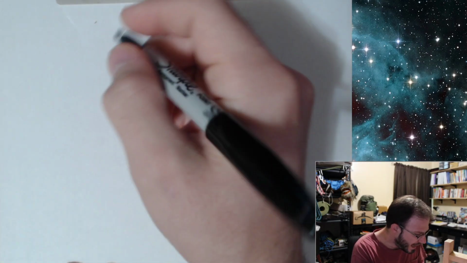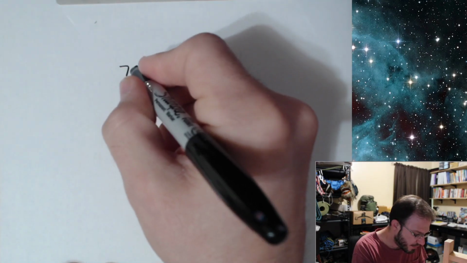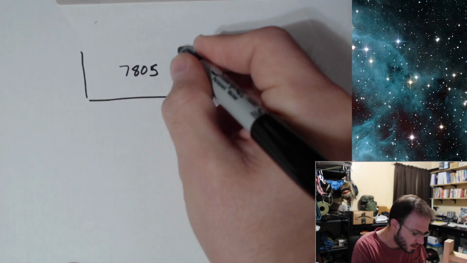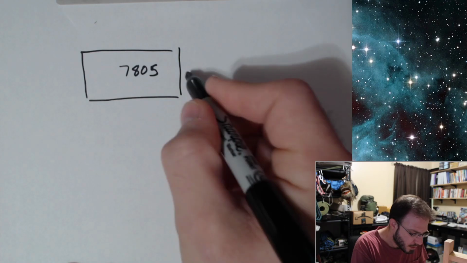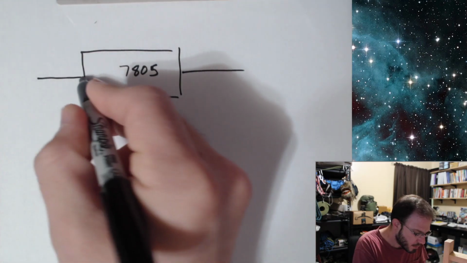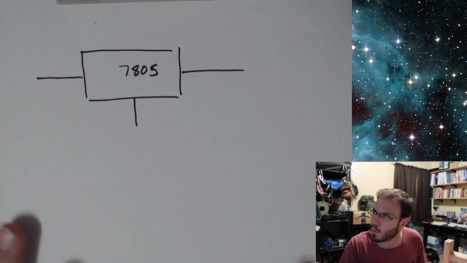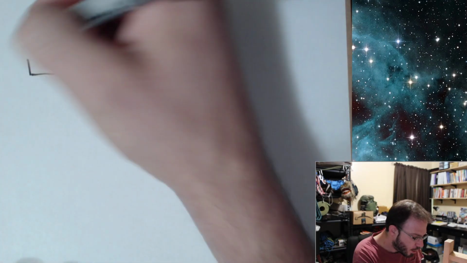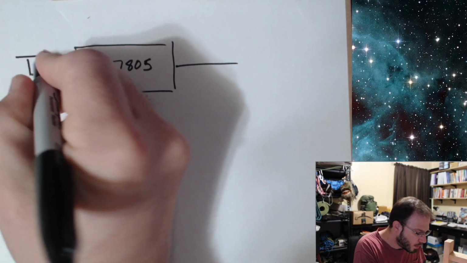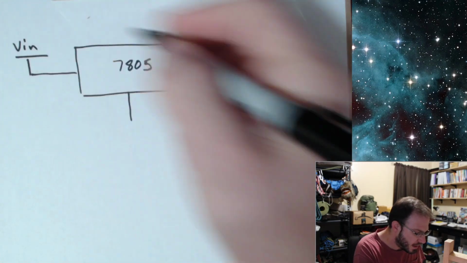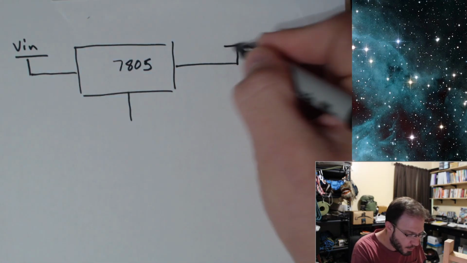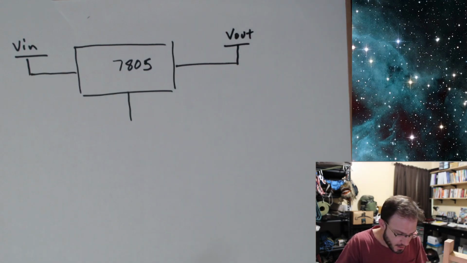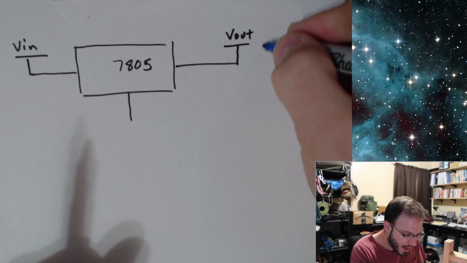But let's go ahead and let's say we have a 7805. Usually we draw it like this. Okay, so over on the input over here, we're going to have our V in. Over on the output, we have our V out. And this is our regulated.